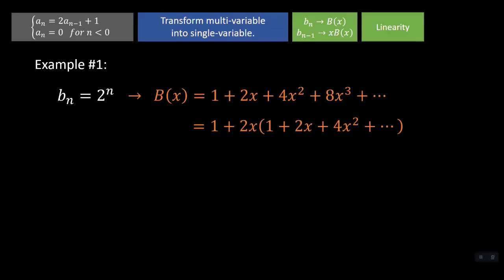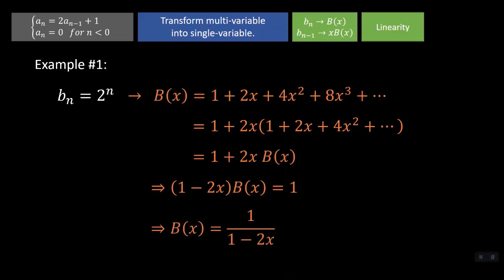What remains in the parentheses is b of x again. So now we can group b of x and then divide both sides by 1 minus 2x. So the polynomial b of x equals 1 divided by 1 minus 2x. Generally speaking, the polynomial for k to the power of n is 1 divided by 1 minus kx.